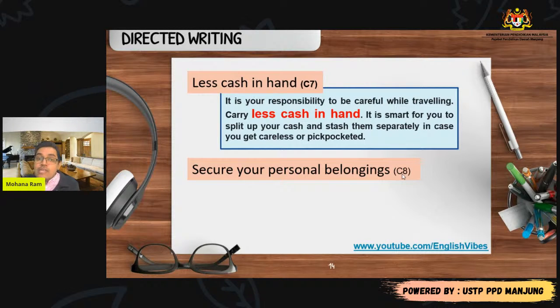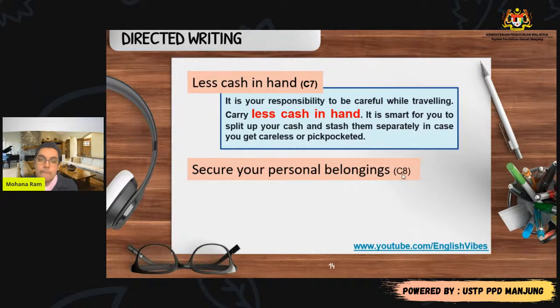When you say less cash in hand, it means you are bringing a certain amount of money, but you are not holding everything together with you at a time. It brings a different meaning, yeah? So keep that in mind. That is the reason I'm telling you to stick to the original content idea given in the question so that you won't make mistakes.